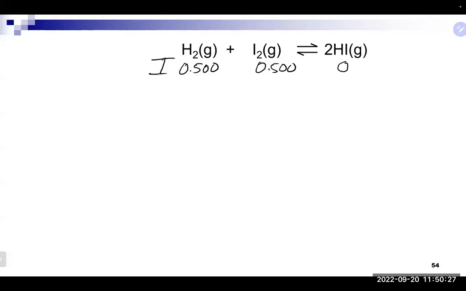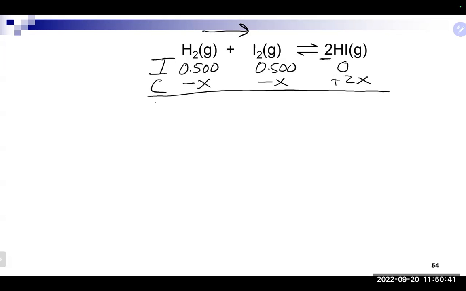We can also safely assume, as we've talked about, that the reaction is heading in that direction. That means this will be minus x, minus x, and a plus 2x for the coefficient. Bringing us down here will be 0.5 minus x, 0.5 minus x, and 2x. Any questions on the ice table there?